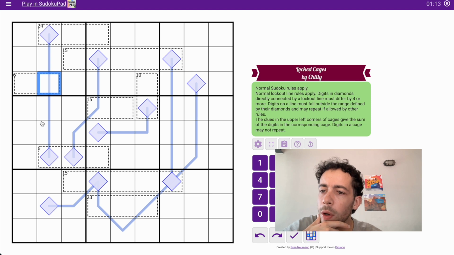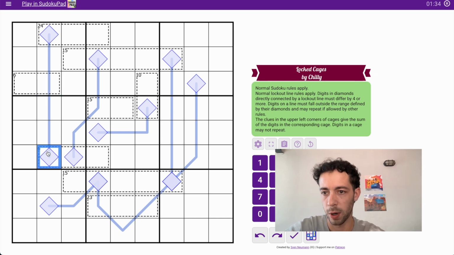What's not going to be possible is for this to be 1 and 5, because then this would have to be at minimum 6. So we need this to be at maximum 5, so we need to start at least at 2.